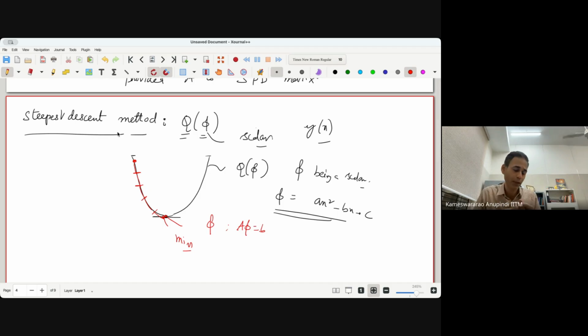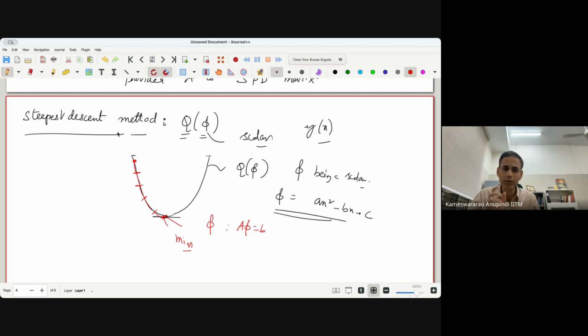At every location, we identify in which direction I should slide down so that I can reach the minimum point quickly. For any given point, we find the direction in which I can slide down, which gives the highest decrease in the value of q. Then we take that direction and slide down by a certain amount. Then we stop and again look, from this point, at which direction I should slide down such that q decreases by the maximum.